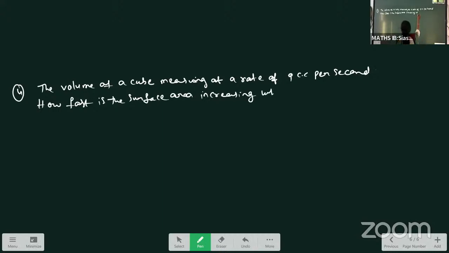When the length of the edge is 10 centimeters.